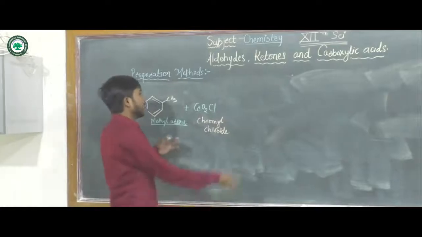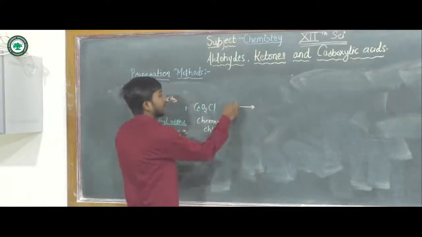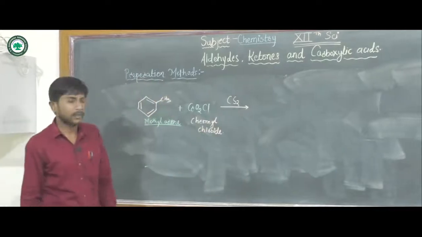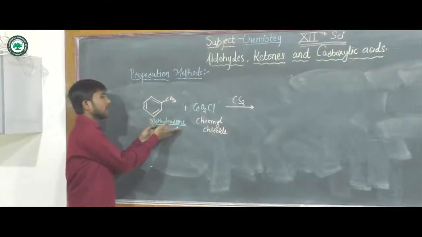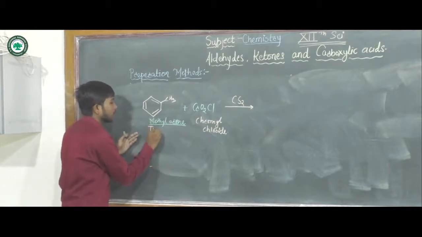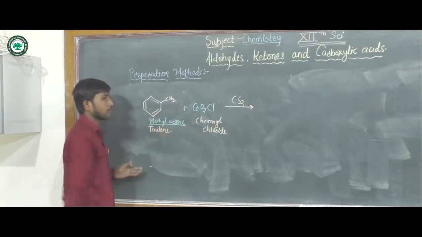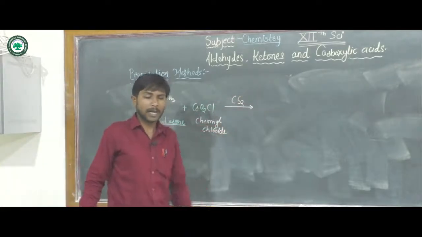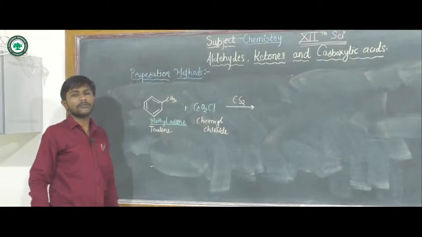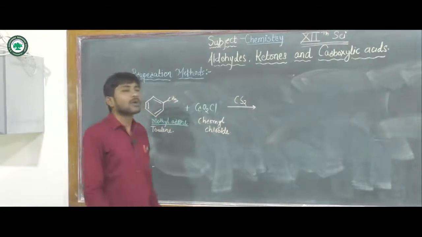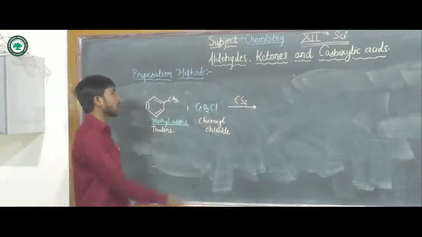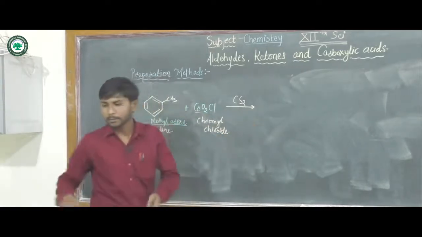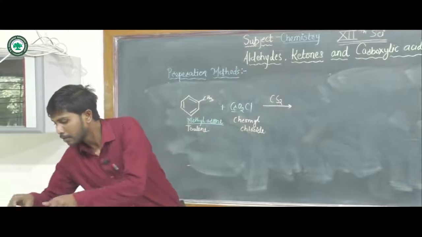This reaction is carried out in carbon disulfide as a solvent. Where methyl arenes or toluene are treated with chromyl chloride in carbon disulfide, there is a formation of an intermediate, that is a chromium complex. Now look at the product, the intermediate.